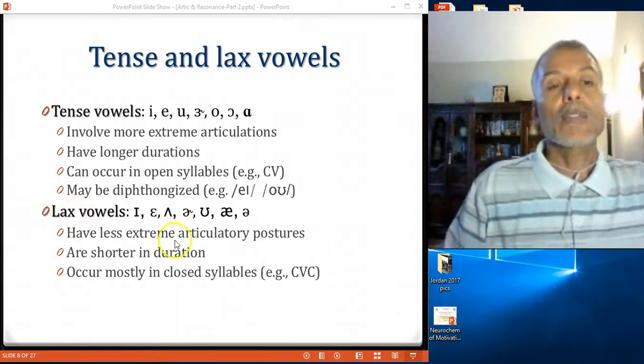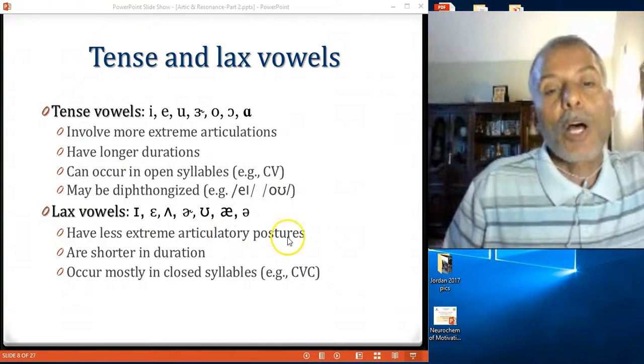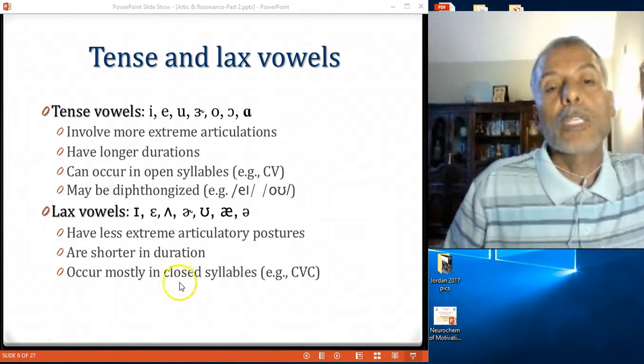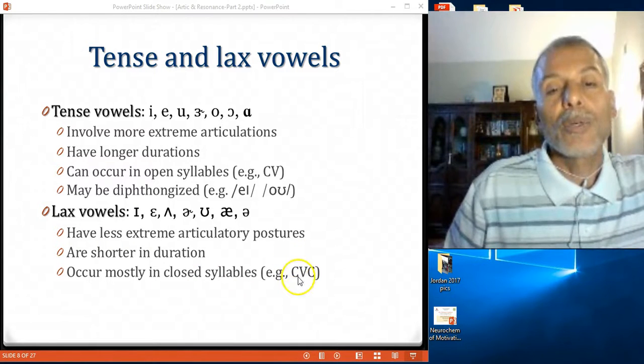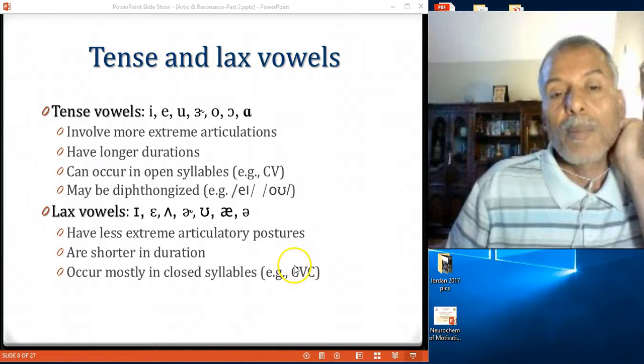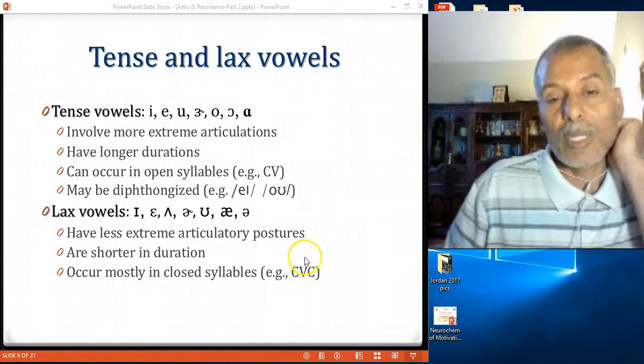And then the lax vowels, they have less extreme articulatory postures. They are short in duration, and they occur mostly in closed syllables, like when you say mom. So when you say, for example, bad, if you take the d out, ba, you don't have an English word or syllable that ends like that.